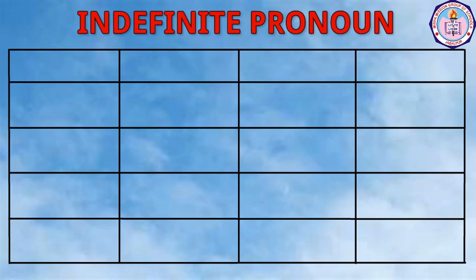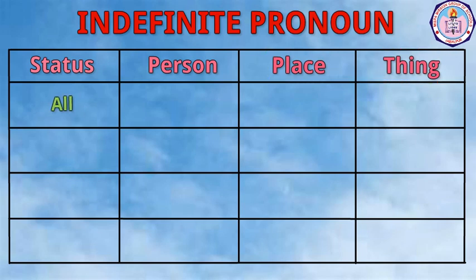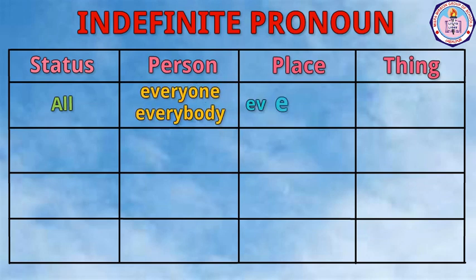Let us see each quantifier or distributive one in case of a person, a place, or a thing. All: person, everyone, everybody; place, everywhere; thing, everything.